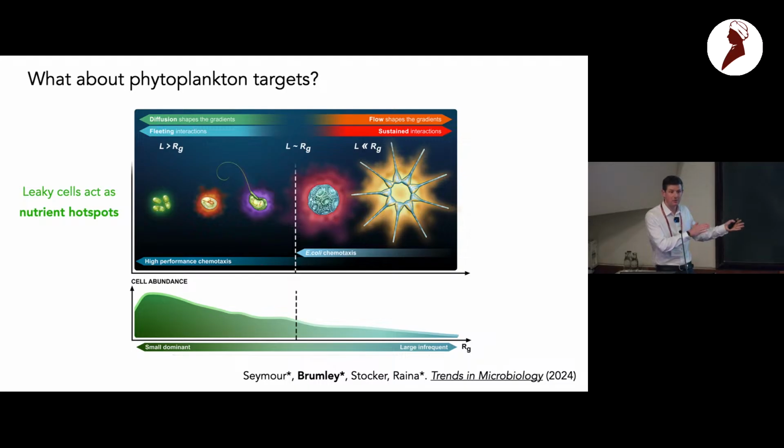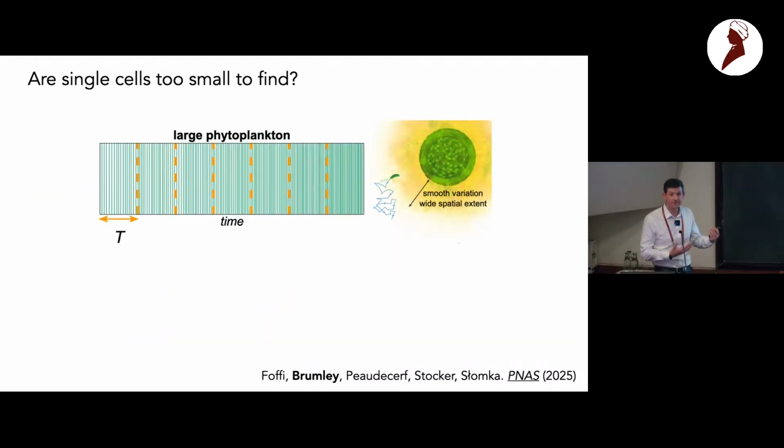But owing to what we've just seen on the previous few slides about how accurate and precise these cells are in detecting gradients, we wanted to see whether they could find these really small cells. There are fundamental differences between detecting large chemical hotspots and small ones. If you have a large hotspot and you're swimming around, you experience this nutrient-rich exuding environment as a pretty smooth gradient which you can differentiate.